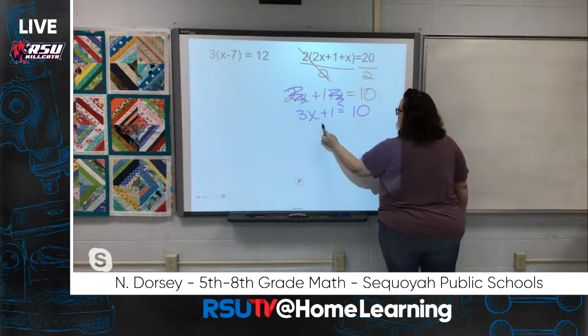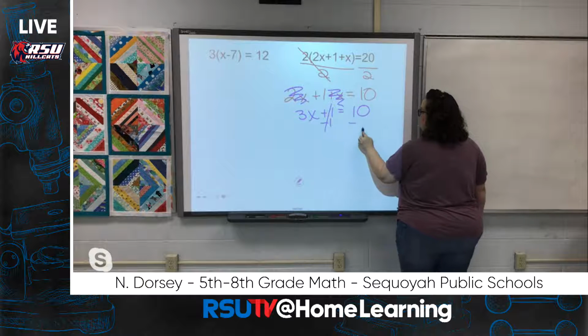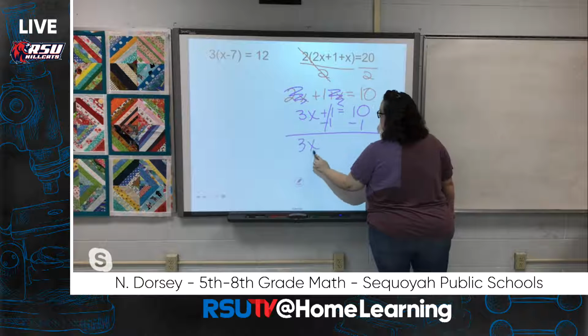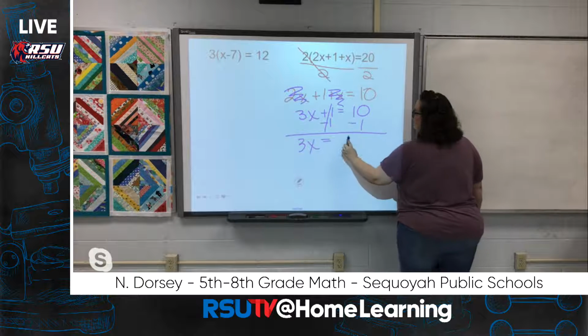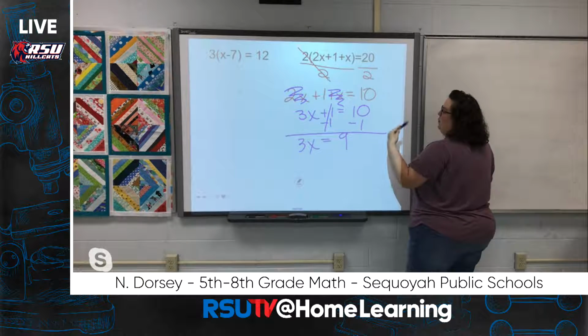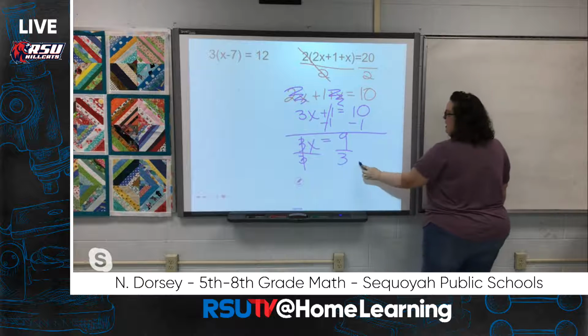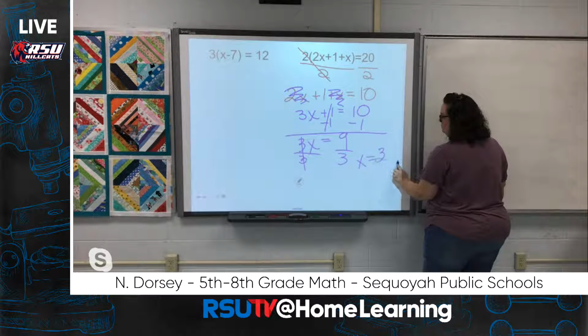So I'm going to subtract 1 on both sides. Okay? And I get 3x equals 9. I'm going to divide both sides by 3, and then I'm going to have x equals 3.